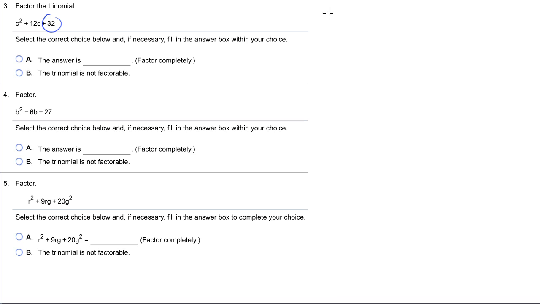And let's see here, we've got 1 plus 32, that's 33. No. 2 plus 16 is 18. No. 3, nope. 4. Let's see here, 4 plus 8 is 12. Yep, that's it. This is going to be equal to c plus 4 times c plus 8. That's our factorization. Great.